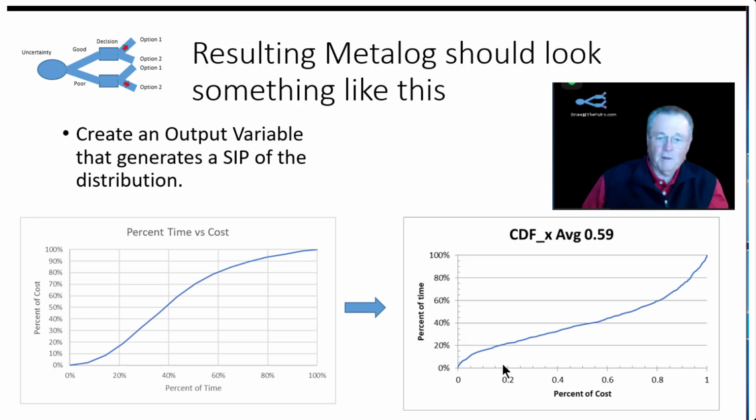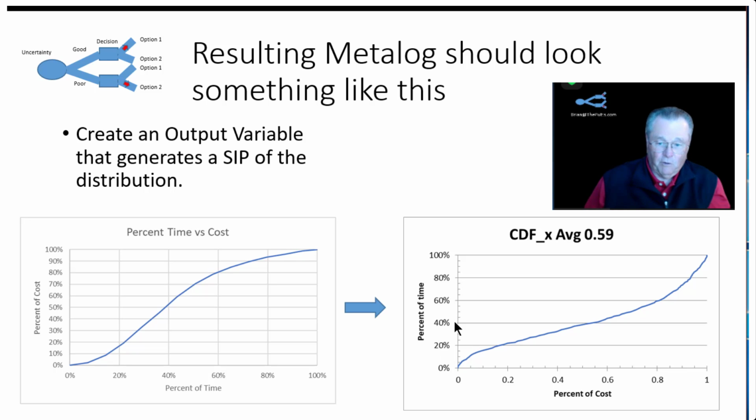So what we're looking for in the Metalog looks like this. We typically would think of it as percent of time versus percent of cost. And so this is what you might think about, probably easier to explain with what I showed previously. But what we want for the Metalog is actually the reverse of that. We want the percent of cost on the x-axis and the percent of time on the y, because what we're going to do is change that random number, and let's say we're 40% into the project time scale.